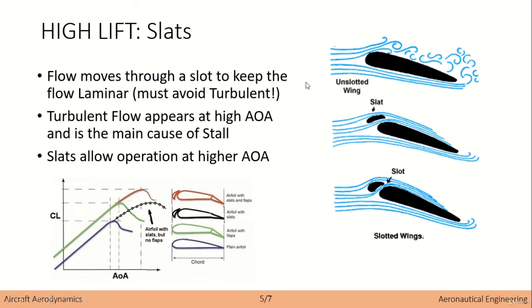Another interesting phenomenon, with all the discussion that we need to do also of laminar versus turbulent flow, which we will do in the following class. Right now, what I need you to know is that the slats are a device designed to be located on the front of the airfoil, on the front of the wing.